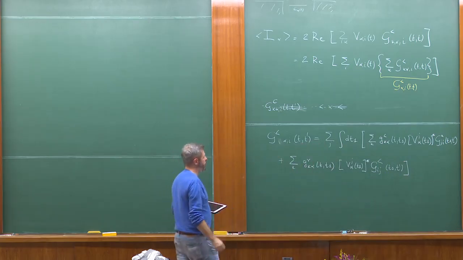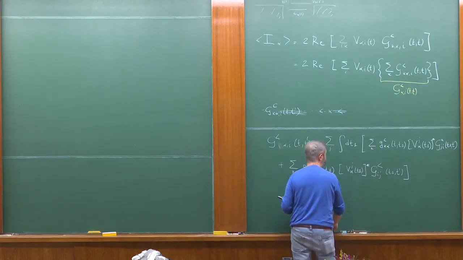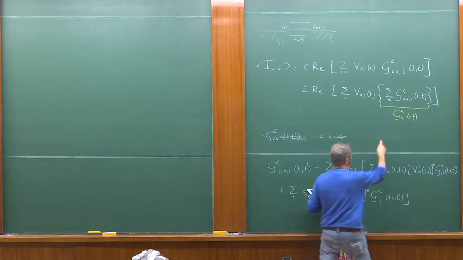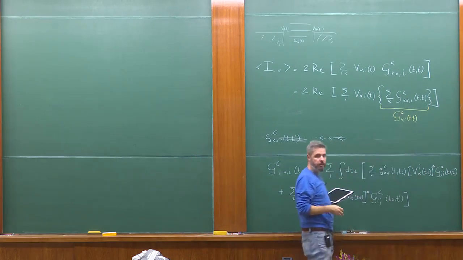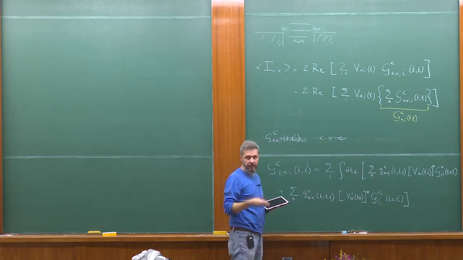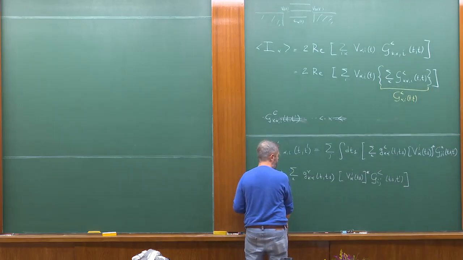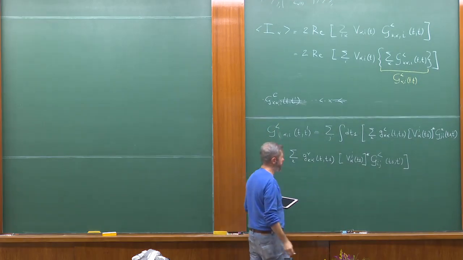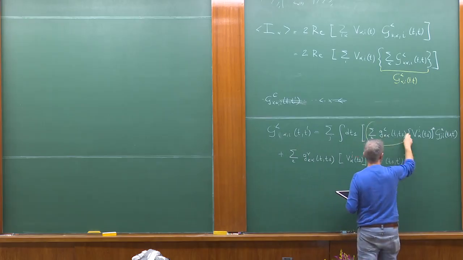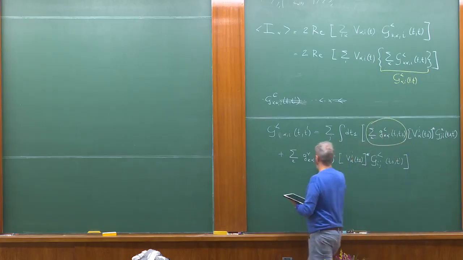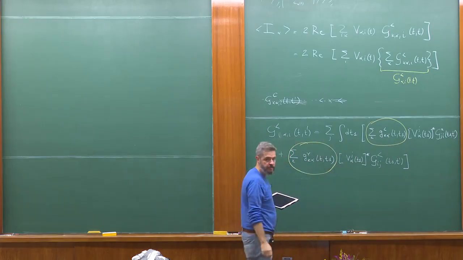All right, so the summation over k here that I didn't have yesterday comes because here I'm taking this summation. So I redefined my Green function with the summation over k explicitly. So now you see the major simplification comes because the summation over k involves only Green functions in the leads, these two guys.